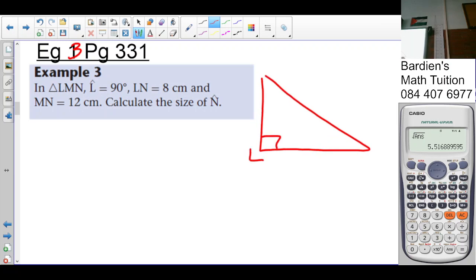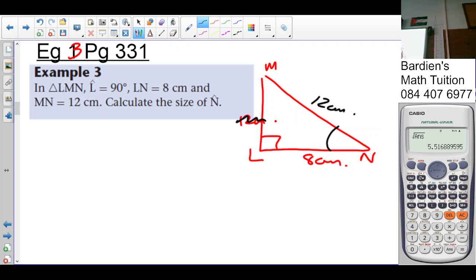Then we are told that LN is 8 centimeters and MN is 12 centimeters. They want to calculate angle N. MN is 12 centimeters.